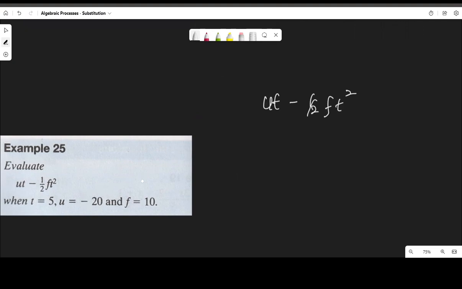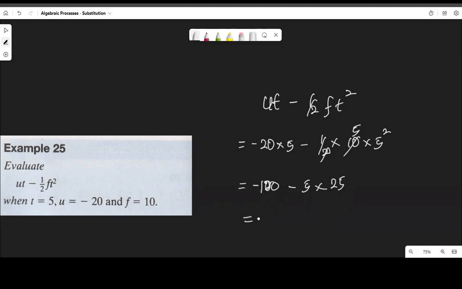U is -20, so that will be -20 times t is 5, minus half times f is 10 and times t is 5 squared, which is -20 times 5 is -100, and minus, let's reduce this, 2 here is 5, so 5 times 5 squared is 5 times 25, that will be -100, 5 times 25 is 125, -100 minus 125, that is -225.